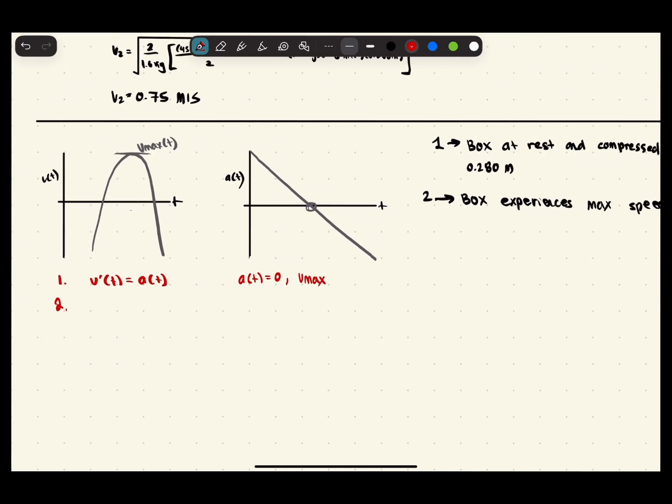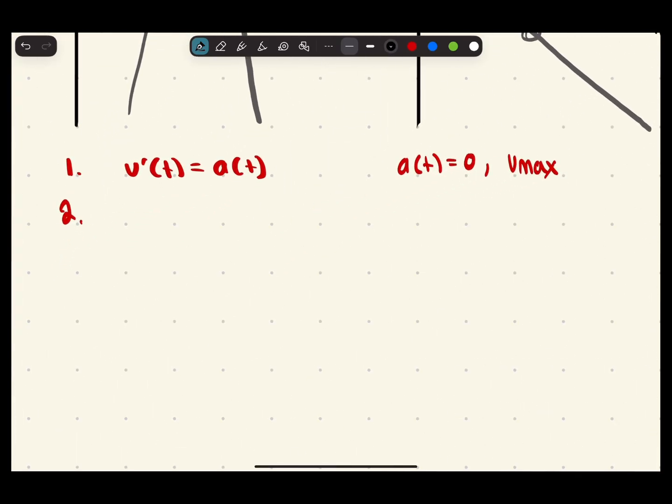So to solve part B, what we need to do is figure out an equation for acceleration, which is going to be a at x equals F net of x divided by m. That comes from Newton's second law. And what we're going to do is set this acceleration equal to 0.